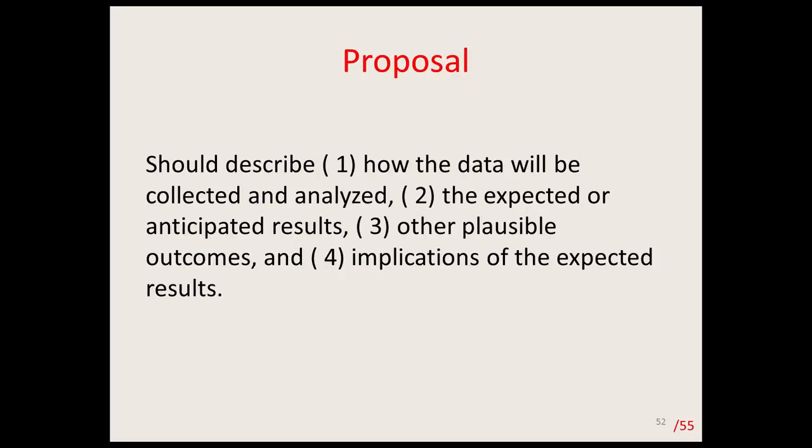In your proposal, you explain how data will be collected. You don't have to collect it. And also you have to explain what you expect to find. Also, you have to explain what the implications of your expected results are.